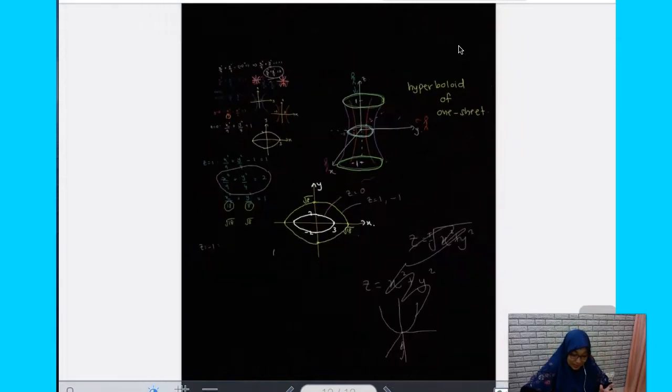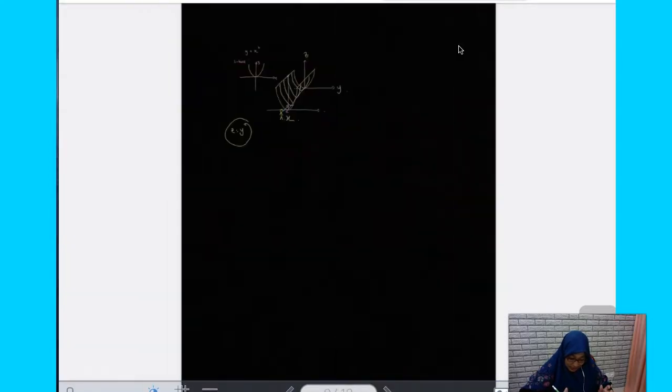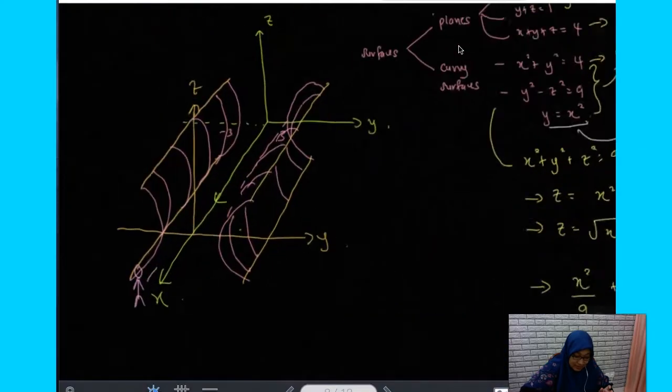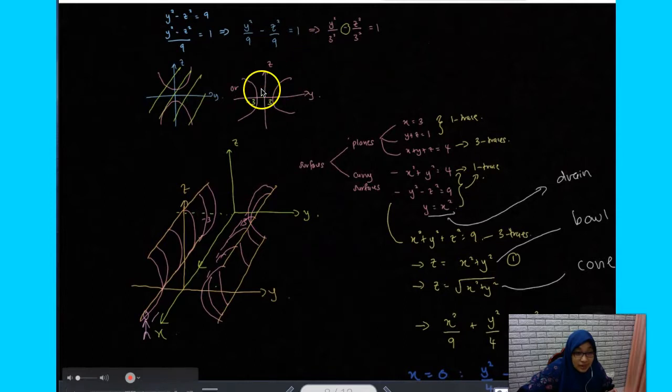Last time, I'm not sure whether we had the sketch here or not. Let me check. Yeah, this one. Last time, this is also a hyperboloid because it comes from the hyperbolic shape, but it splits into two.